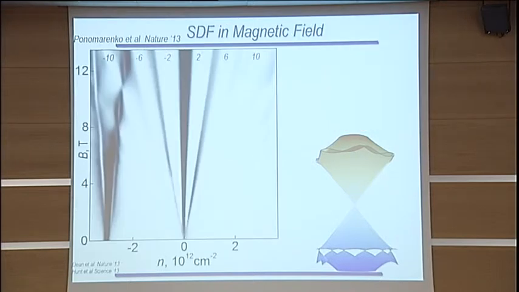So here you see the standard fan diagram from the Landau levels, which are coming from the main Dirac cones, with the standard 4 sequence of the Landau levels. But then there is this filling factor 2 sequence which is coming from the secondary Dirac fermions.